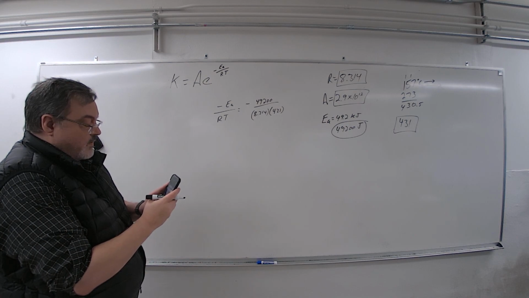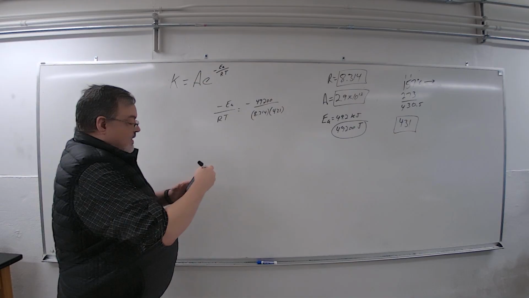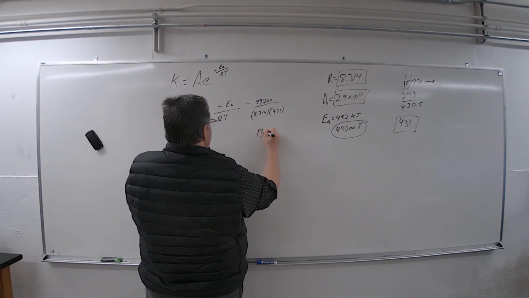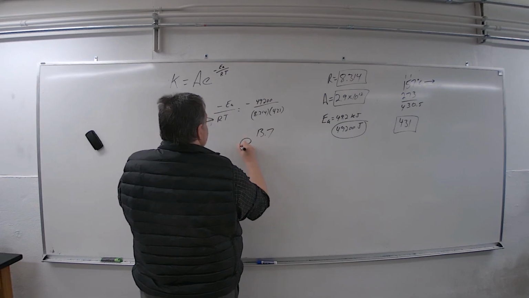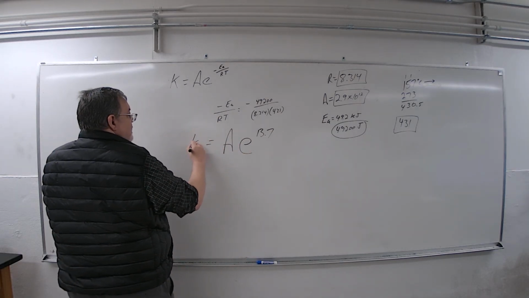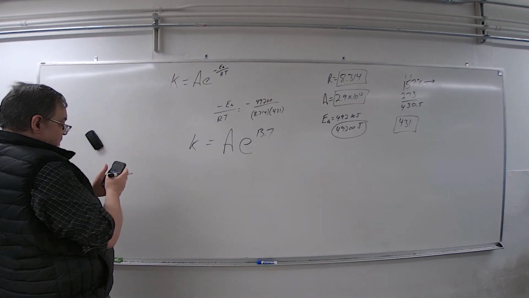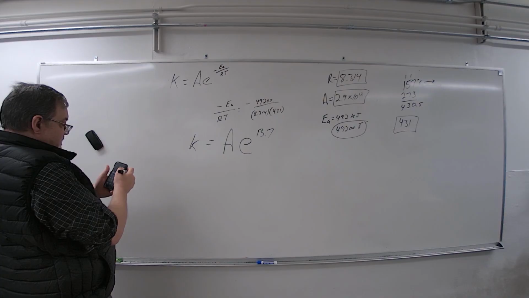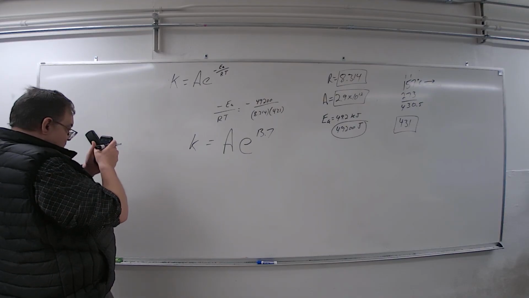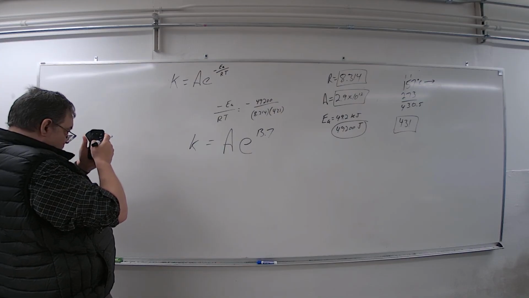Divided by 8.314, divided by 431. And if we do this to three significant figures, we get 13.7. All right, so now I have to do this. 13.7, scientific, e to the x.